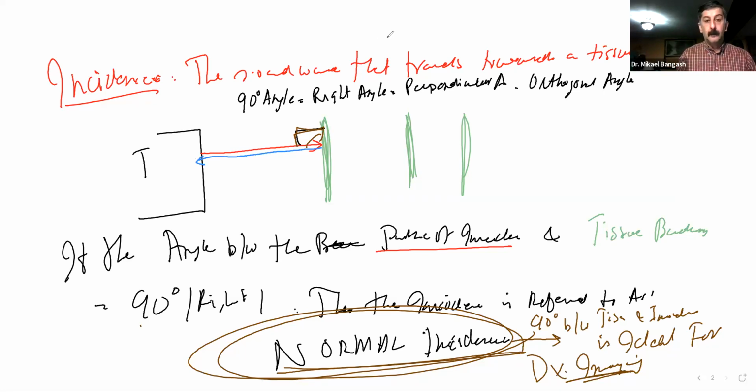You see yourself in the mirror only if you are standing right in front of the mirror. The light energy that you emit reflects directly back at you.